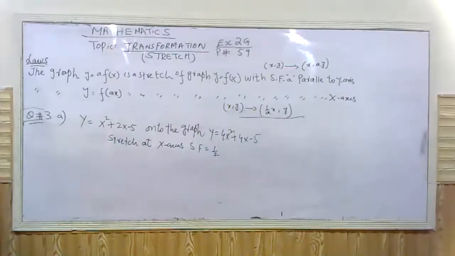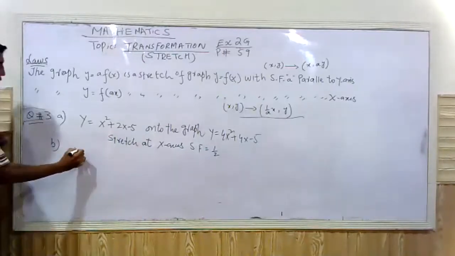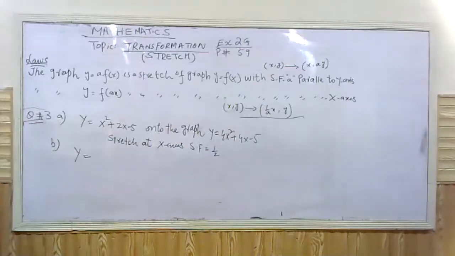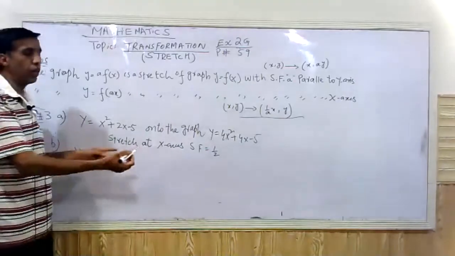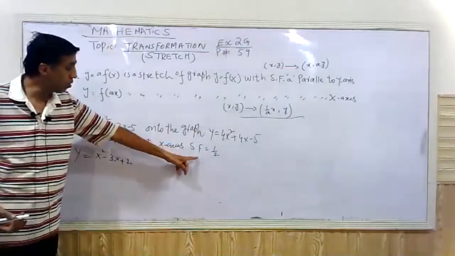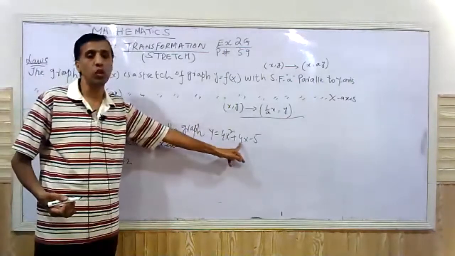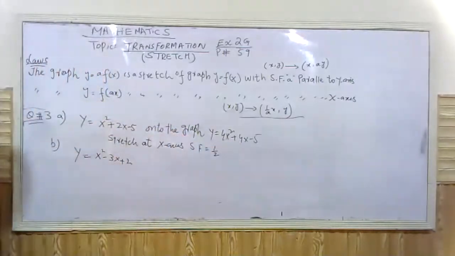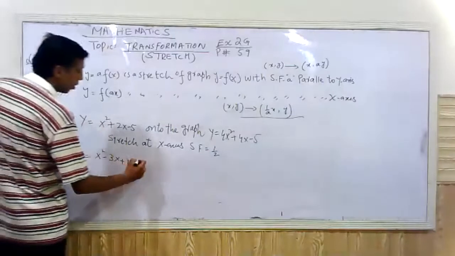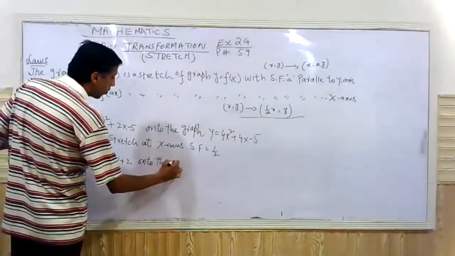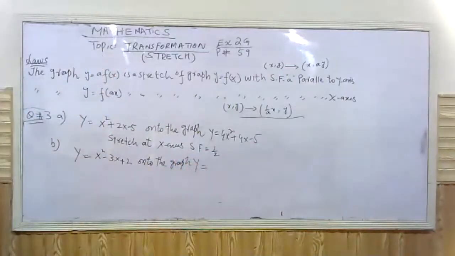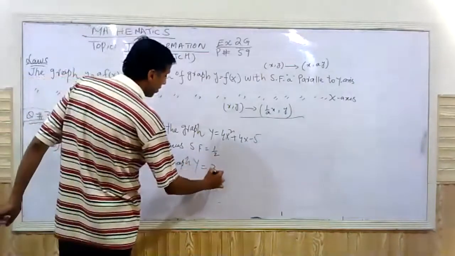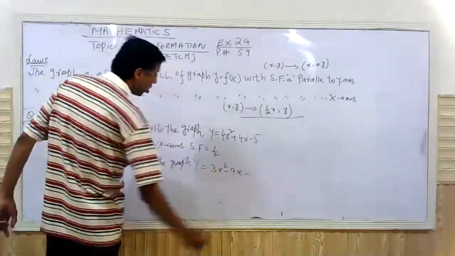Now the second part, the B part: y equals x squared minus 3x plus 2. If you find any issue, then you may apply the stretch factor to this equation and you will get the equation, fine? x squared minus 3x plus 2 onto the graph: 3x squared minus 9x plus 6.